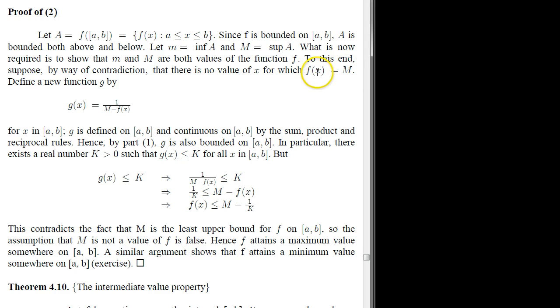So in other words, there must be a value of x such that f(x) equals M. So you could say there's a d in [a, b] such that f(d) equals capital M. So f attains a maximum value somewhere on [a, b]. A similar argument shows that f attains a minimum value somewhere on [a, b], and we'll look at that in the next and final part of the proof.